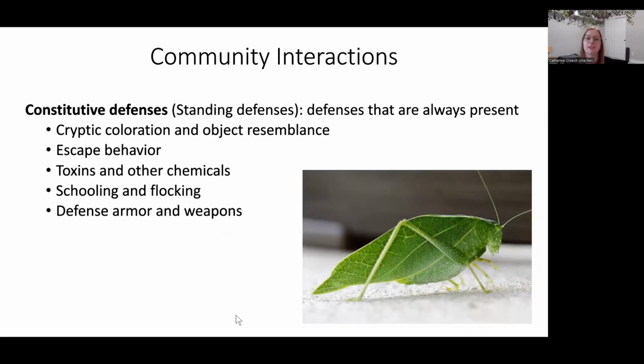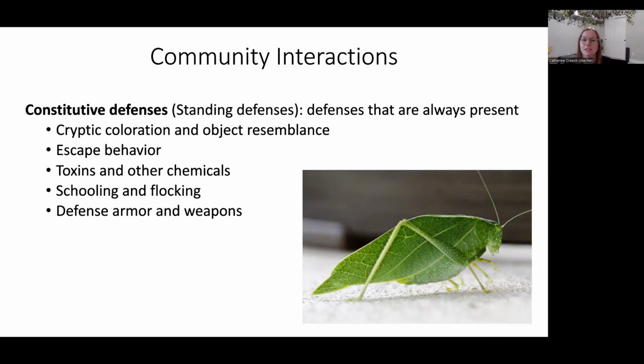We also have standing defenses. I can say constitutive, but I can't say that word, so go ahead and say it to yourself. But these are defenses that are always present, that are going to try and help you with your community interactions. For example, warning coloration, but also camouflage.